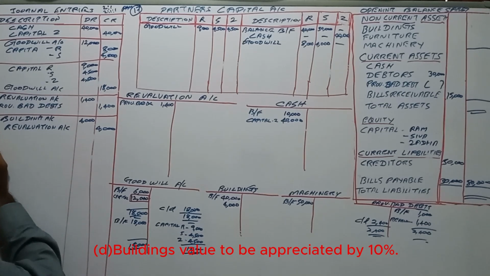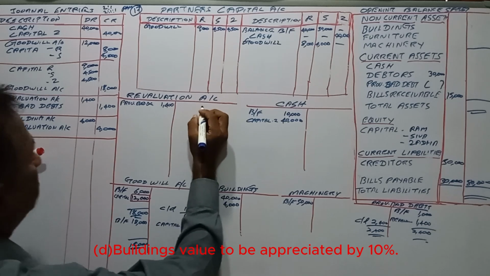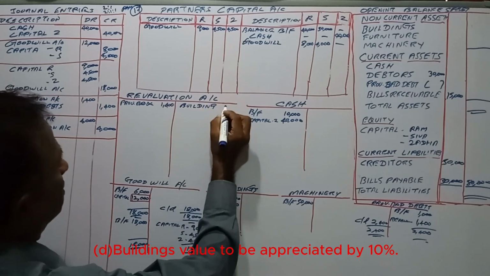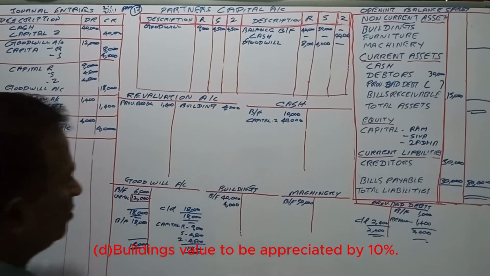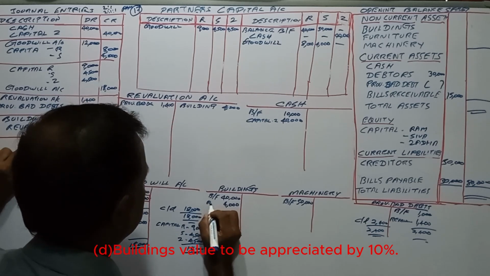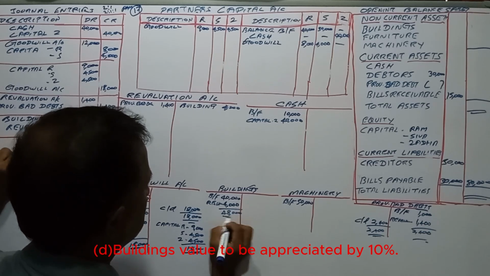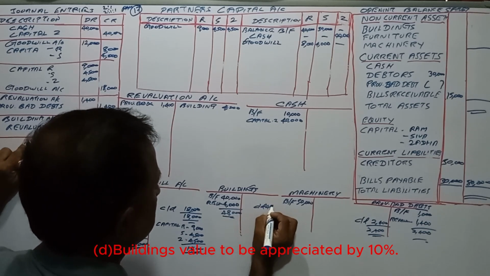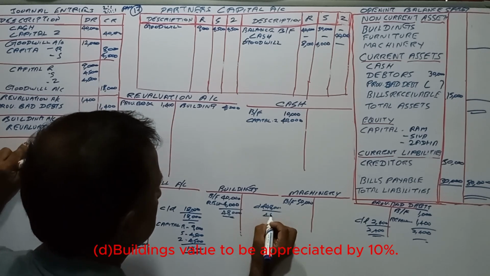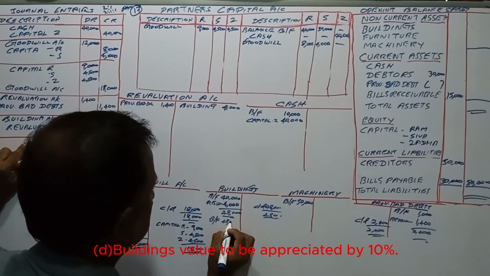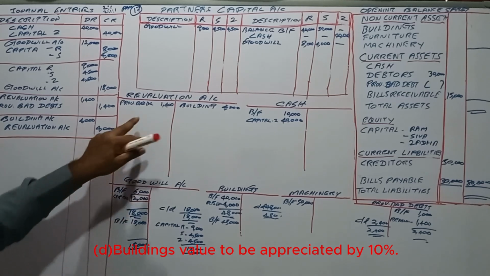So this is finished. Revaluation account credit, building 4,000. Then carried down value is 48,000, brought forward is 48,000. Okay. The double entry has gone now.